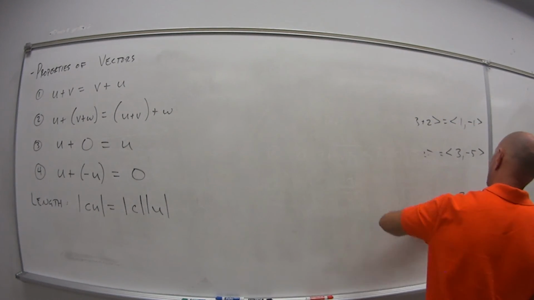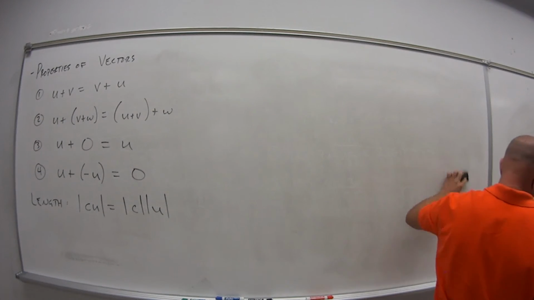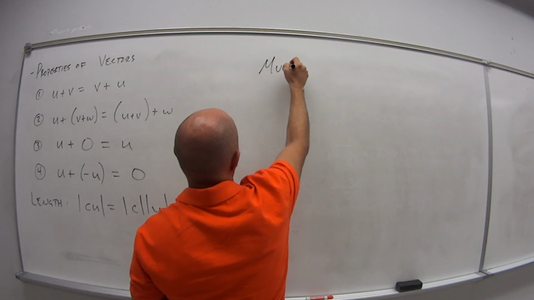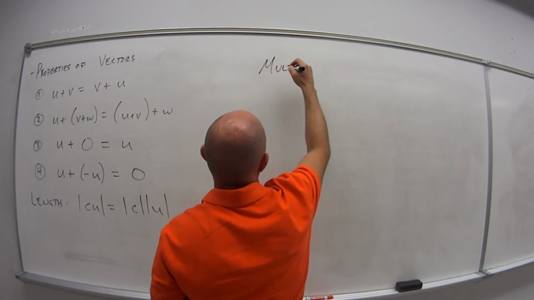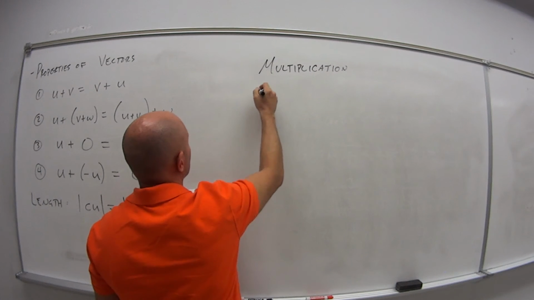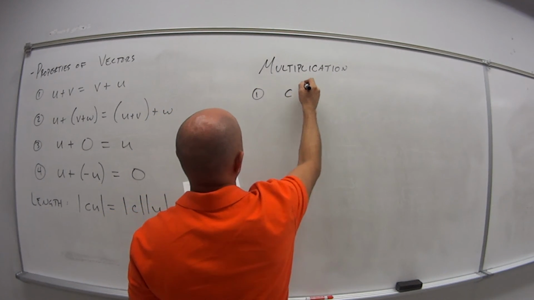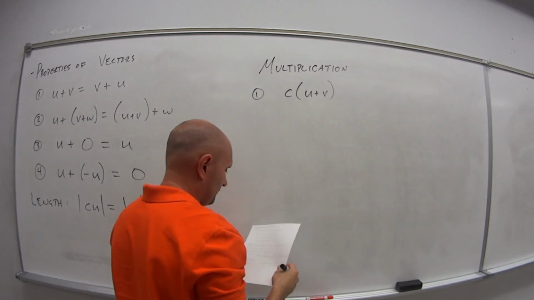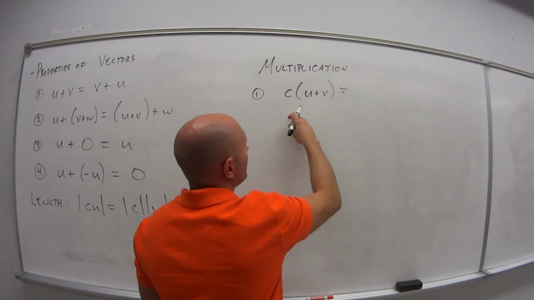And then the last properties are multiplication properties. And again, it's much like if we're just dealing with numbers, same as with vectors. So the first one, if I have c, some scalar, and I'm multiplying it by the sum of 2 vectors, well, I can distribute.